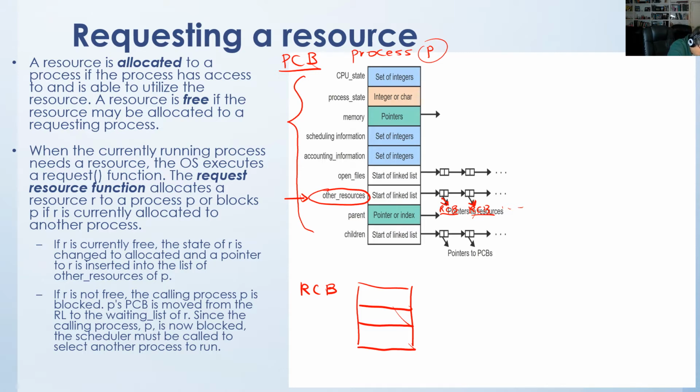Remember, a typical RCB contains the resource description, that's the top one, and the state, which basically shows whether the resource is available, free, or currently allocated to another process. And then a waiting list. Let's say that's the RCB, the resource control block, for a resource R.